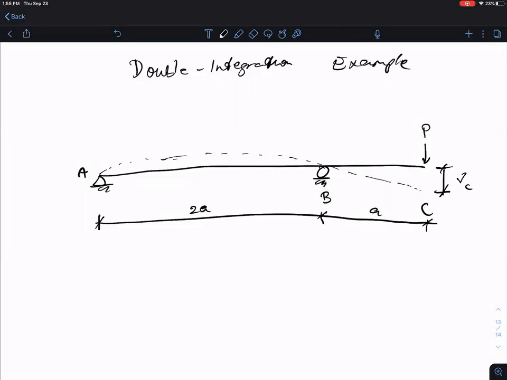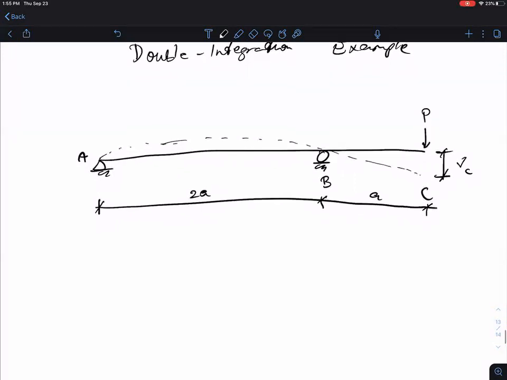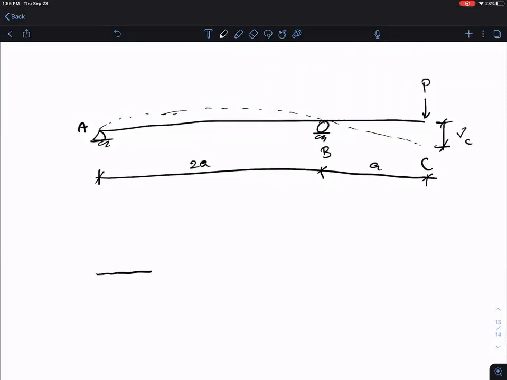So the first step would be to come up with a free body diagram, which is relatively straightforward. We can just get the support reactions using statics, right? Sum of moments about point A, sum of forces in the Y. We can use that to compute the support reactions.